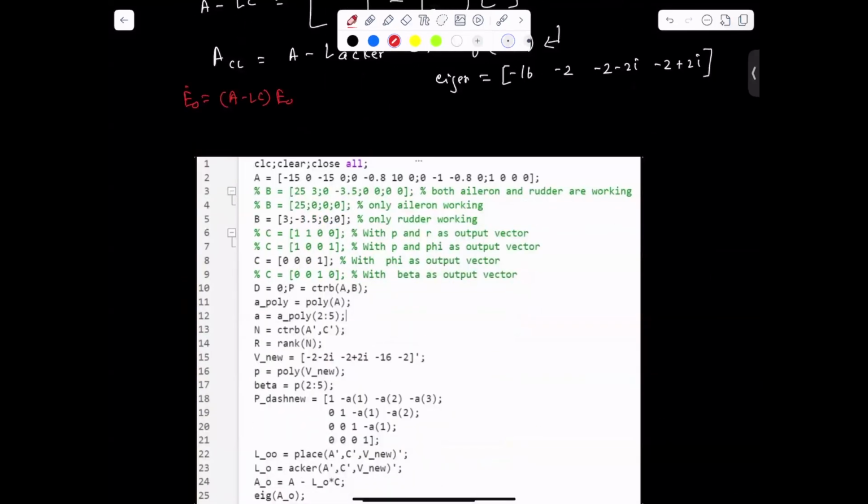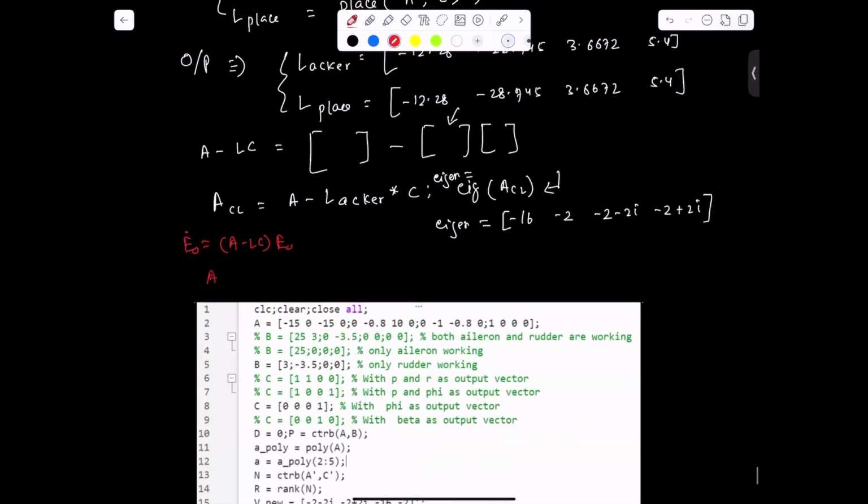Since the eigenvalues of A minus LC are negative, e naught goes to 0 as t tends to infinity. The system is stable and we can estimate all the states.